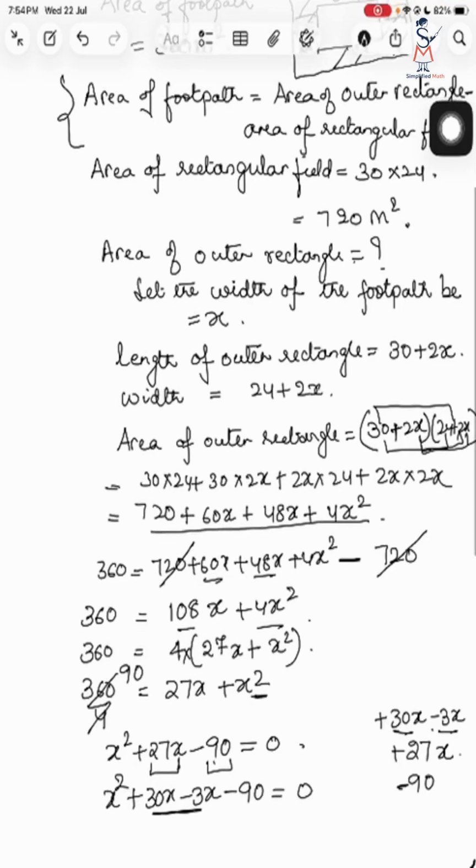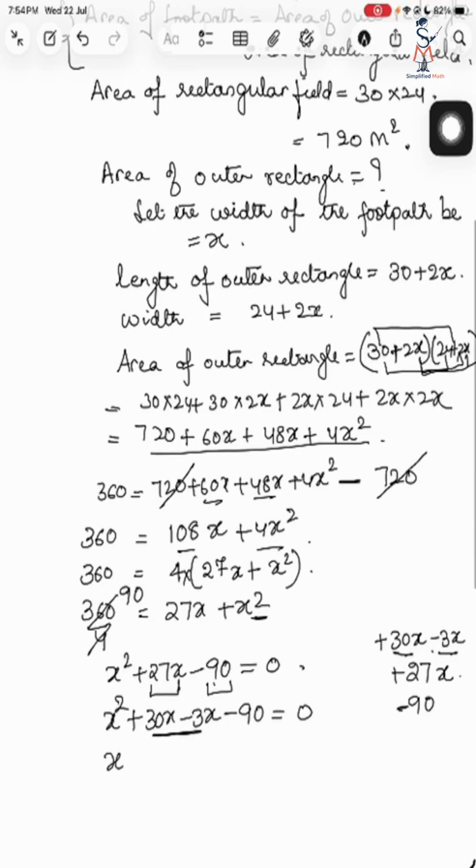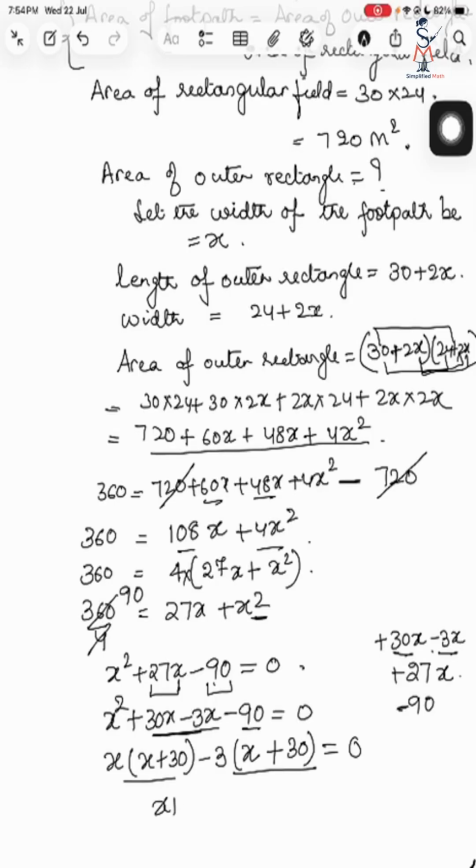Now how will I solve this? x plus 30, minus 3, common between minus 3x and minus 90. In the first term x is left, in the second term plus 30 is equal to 0. Now in both the terms we have x plus 30 as common. What I am left with in the first term is x minus 3 is equal to 0.